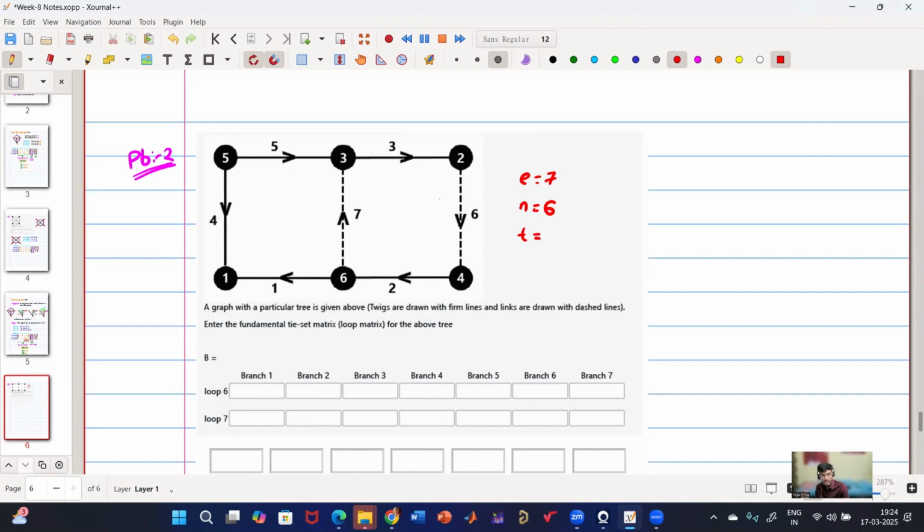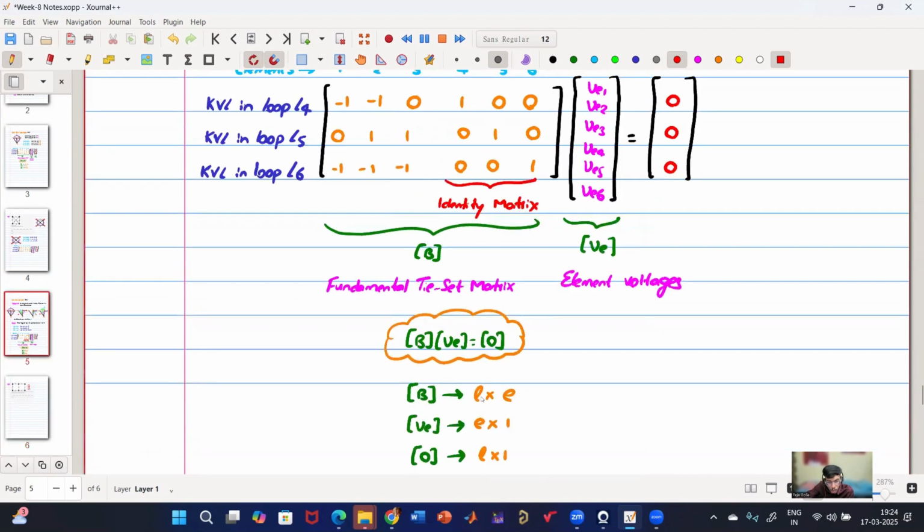Twigs are the elements of the tree. They have already given the tree. 5. Very good. And how many links will be there? 2, because there are 2 links. And E is 7. If you see, the B matrix size will be 2 cross 7, right?